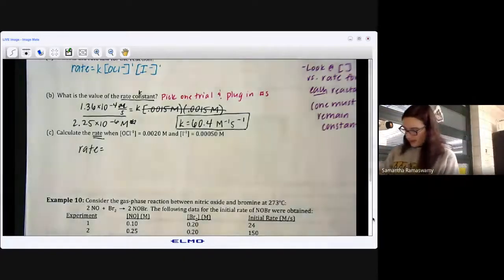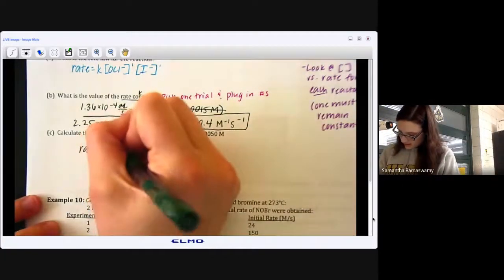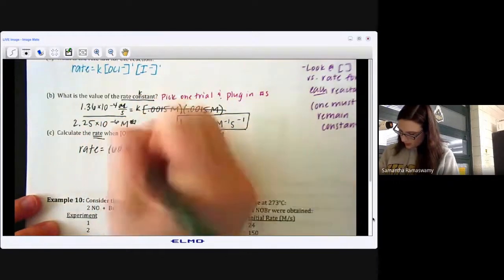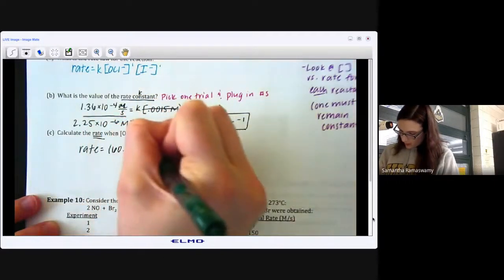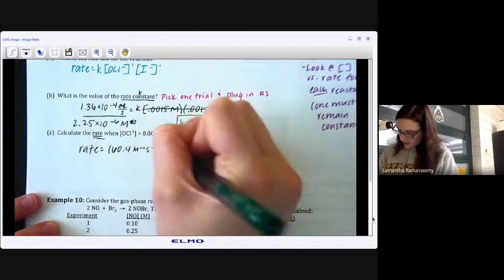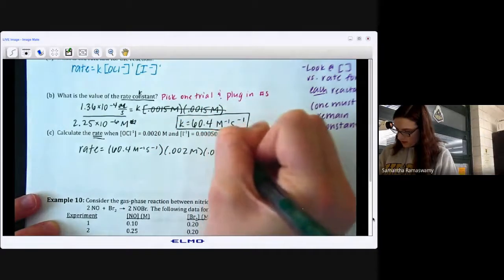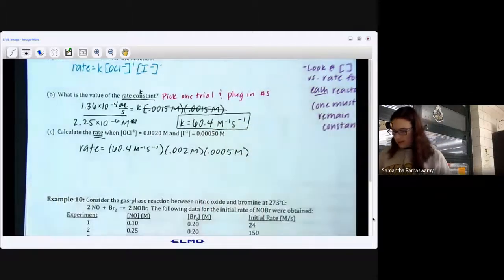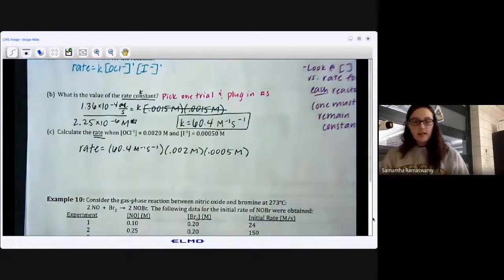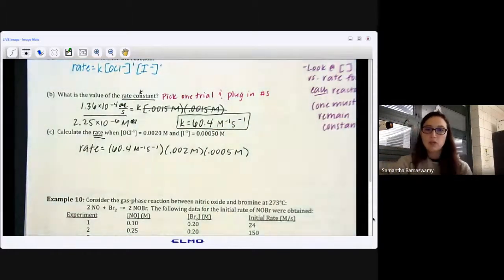So if you plug everything in, 60.4 per molar per second times 0.002 times 0.0005. Remember, K only changes when you change temperature or you add a catalyst.